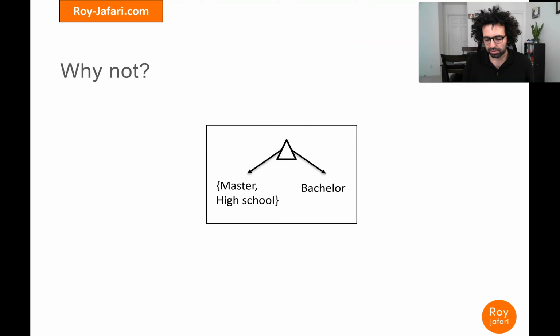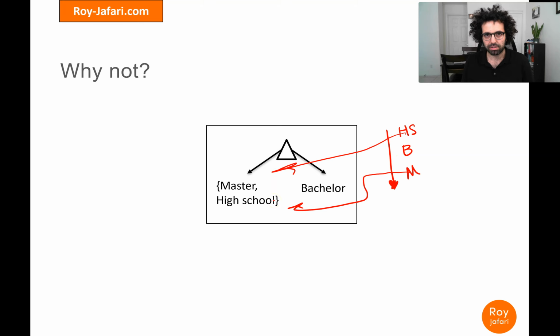Of course, the reason is that education is an ordinal attribute. So we've got high school, bachelor, and master, and there is this ordinal relationship among them. But what's happening here is that we've got master and high school, and then bachelor.